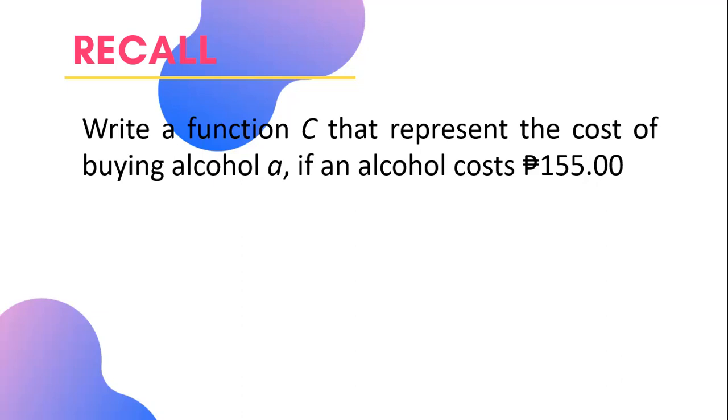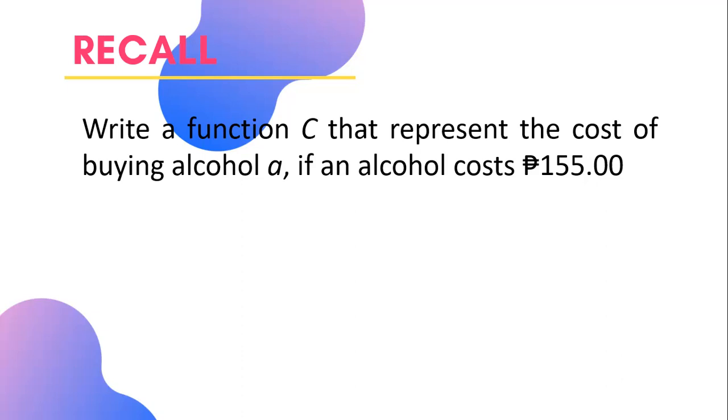As I mentioned in last week's online class, when we deal with a function, you need to think of a formula that is suited to the given problem. In this case, if you are going to buy, for example, 5 bottles of alcohol, how much are you going to pay?